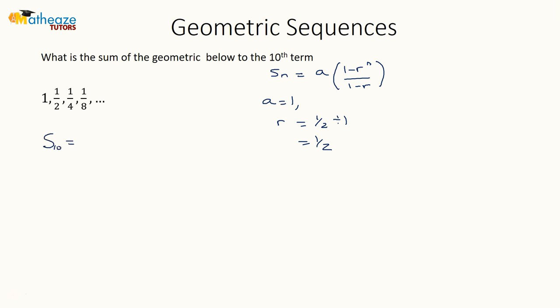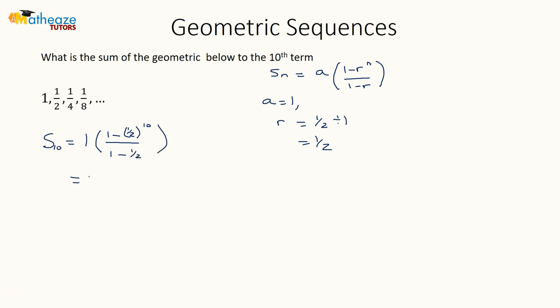That's going to give us a is equal to 1 multiplied by 1 minus 1/2 to the power of 10 divided by 1 minus 1/2.